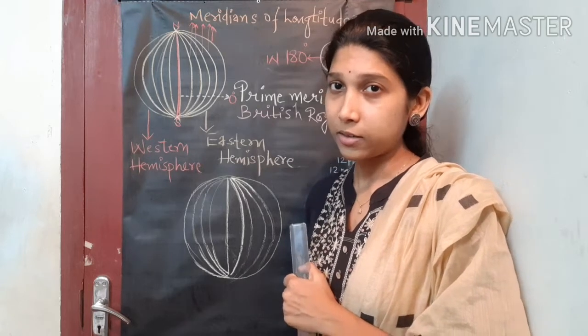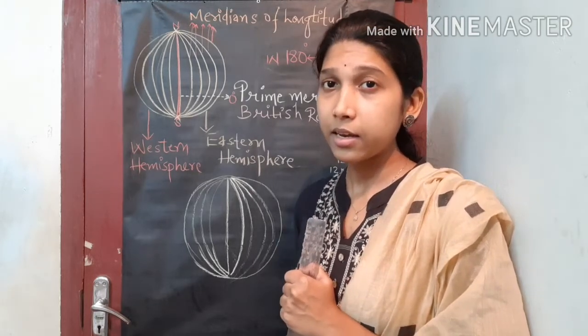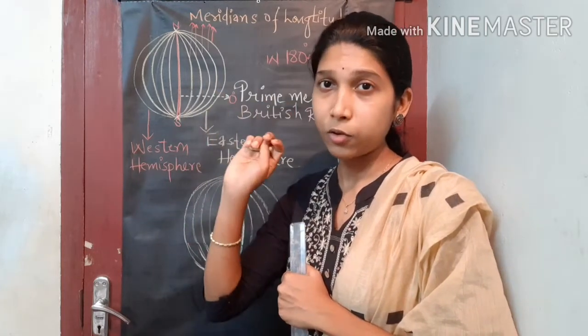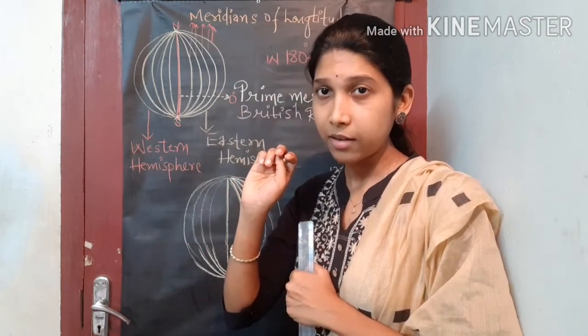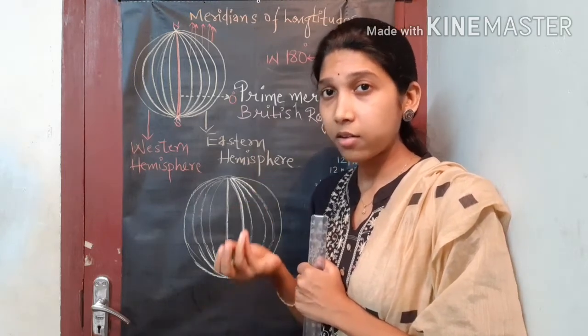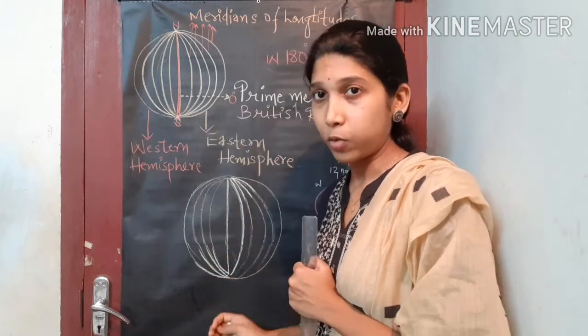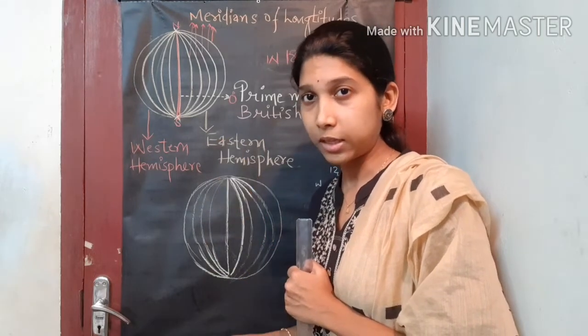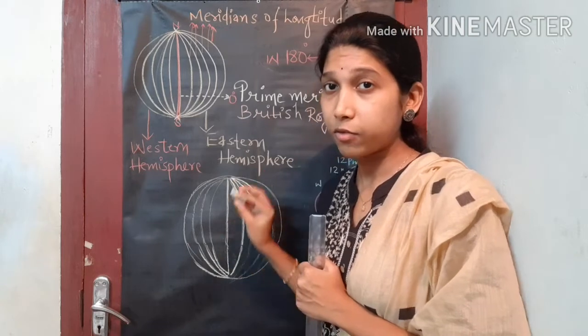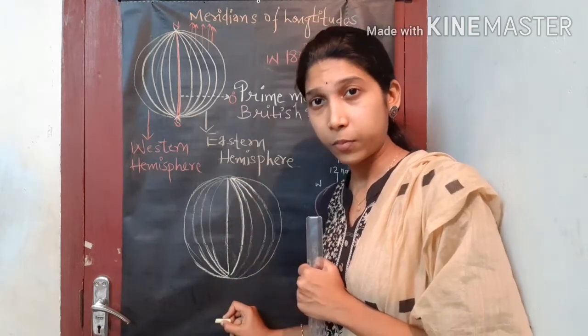Do you know what it is? Just as we have the parallels of latitudes, those are imaginary lines. The same way we have imaginary lines running from north to south, the lines of reference running from the north pole to the south pole.